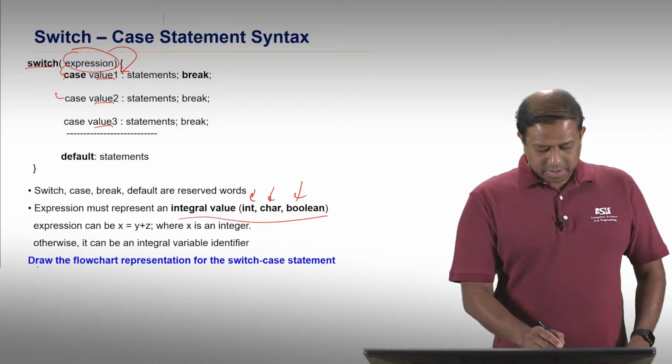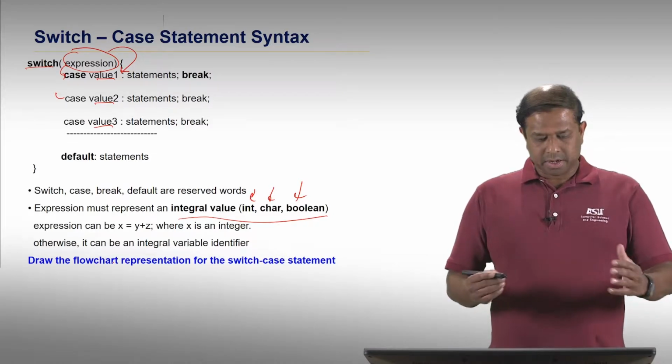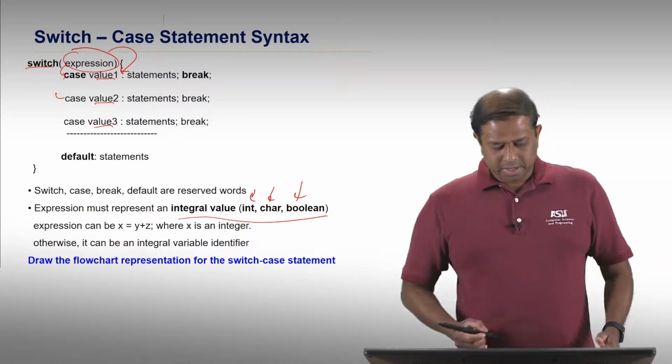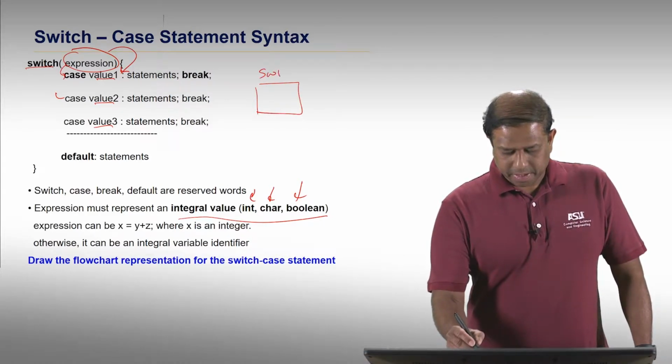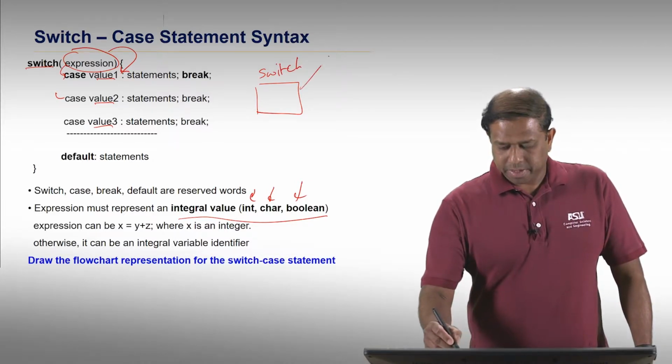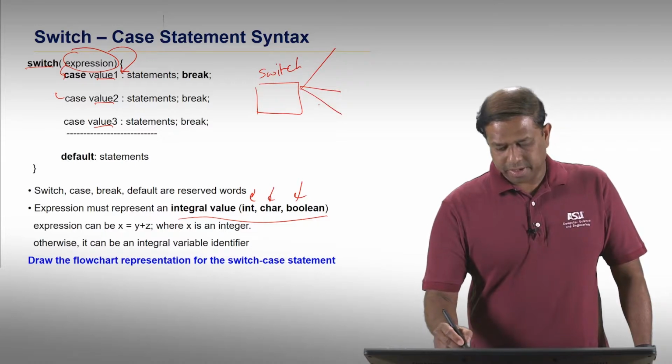Now if you try to draw the flow chart of this one to capture the logic of a switch case statement, this is how it looks like. So here we have the switch. Based on the switch in here, we'll be going into different cases.